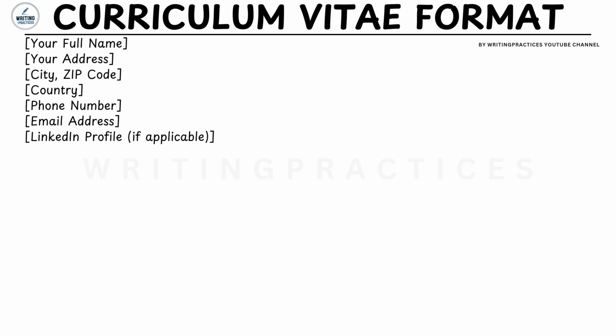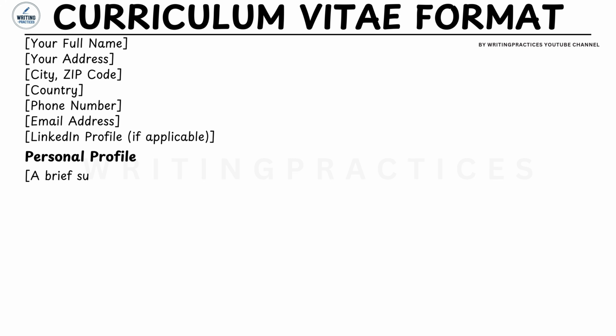For example, John Doe, 123 Main Street, Los Angeles, California, 90001, United States, John Doe at email.com, 123-456-7890, linkedin.com/in/JOHNDOE. This section should be concise and professional. Make sure your email address looks formal. Avoid unprofessional addresses like coolguy123@email.com.